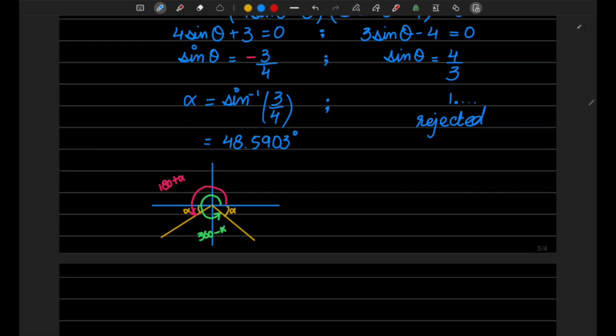Finding it out, 180 plus alpha is 180 plus 48.5903, which gives you 228.5903.